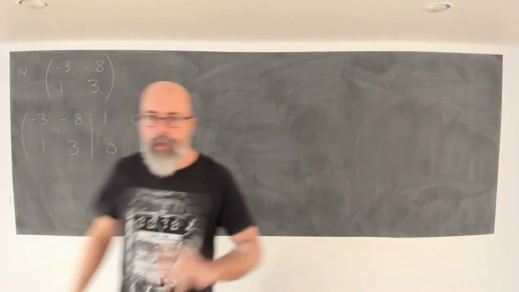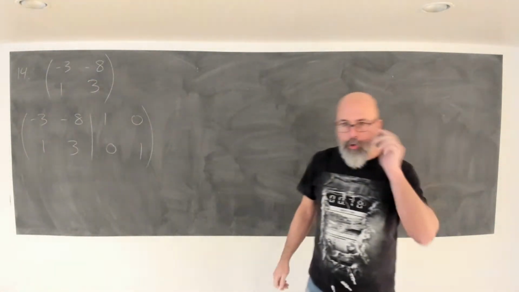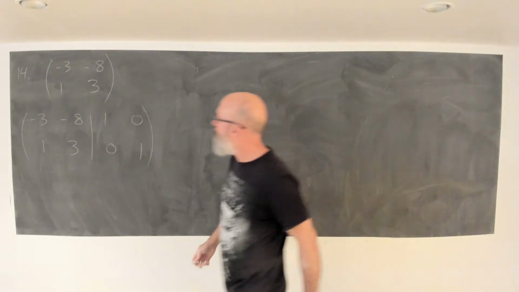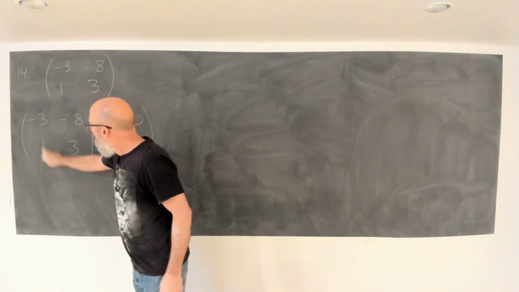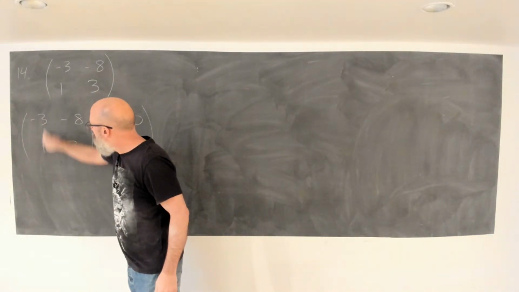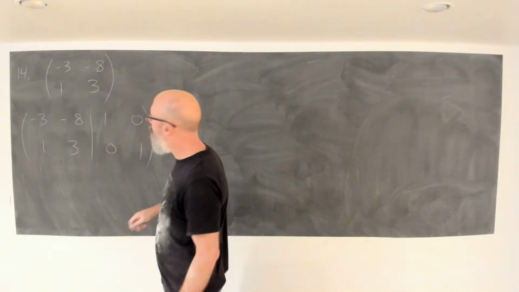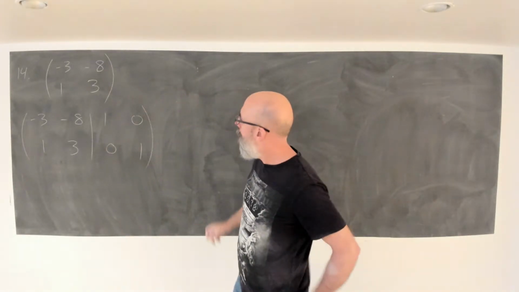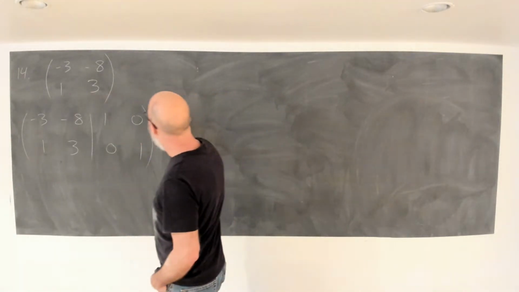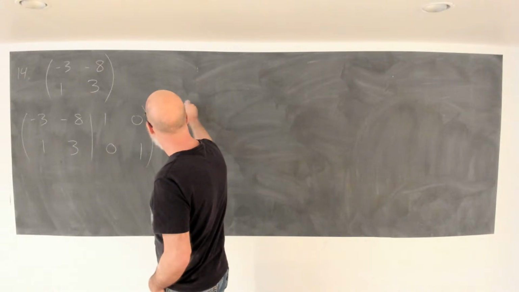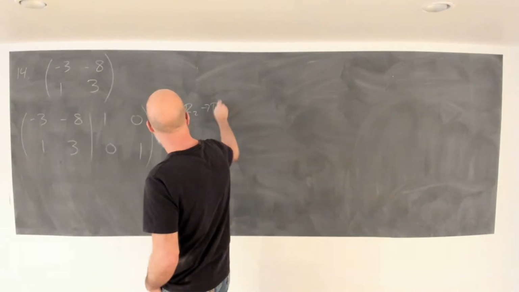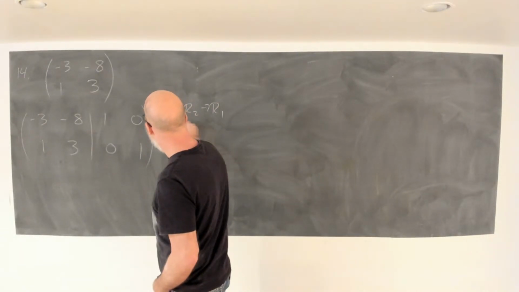Can we invert? You mean interchange row 1 and row 2? No problem there. Absolutely. In fact, let me use this one to clear out the column first, and then I'll switch. So row 1 plus 3 row 2 for row 1. And then I'll switch row 1 and row 2.